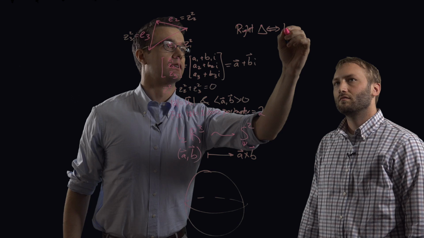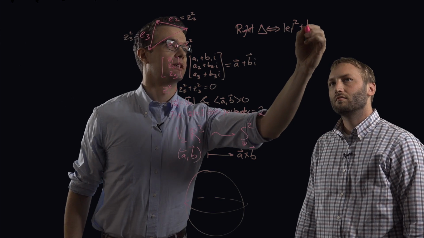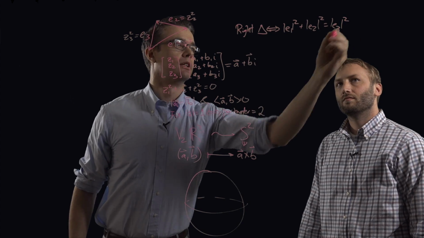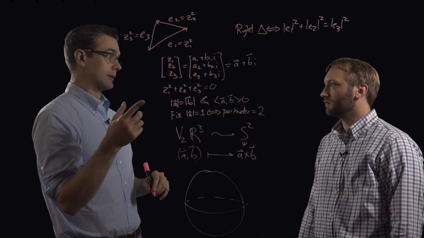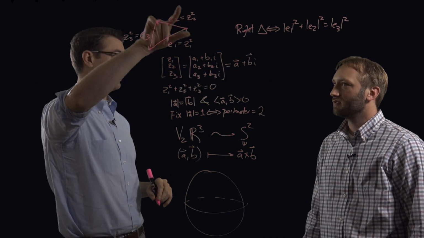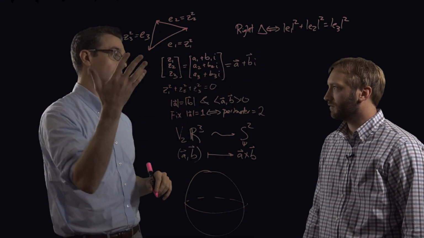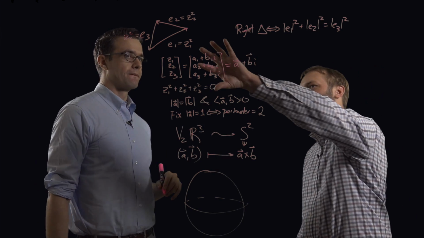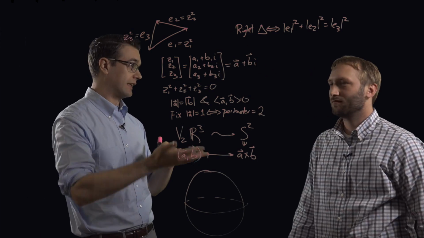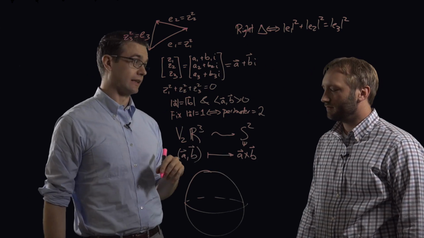If and only if the length of E1 squared plus the length of E2 squared is equal to the length of E3 squared. Or, of course, you could cyclically permute. It could be that, depending on where E1 is the hypotenuse, it's E2 squared plus E3 squared equals E1 squared, and so on. I see, and this is this eightfold symmetry. Yeah, again, you're seeing this symmetry again.